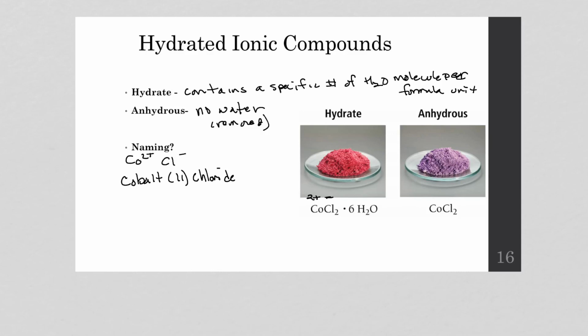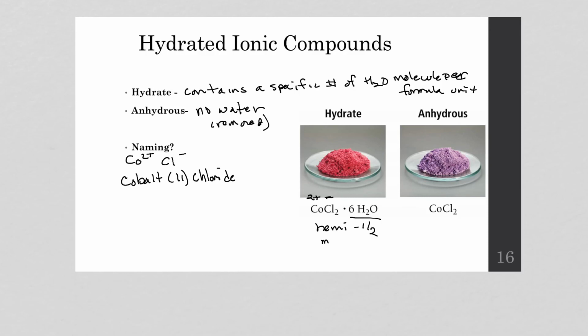Now, the only difference here is we're going to add another part of the name to reference the water molecules. We're going to do this by using prefixes to specify how many waters we have. So the prefixes we're going to use are, I'll list them here. So hemi would be if we had a half here.